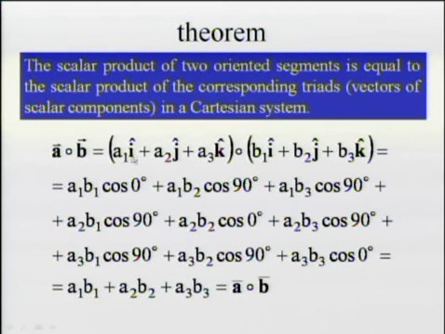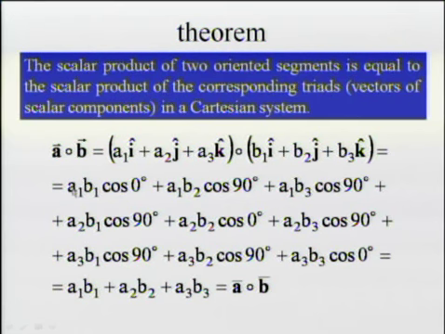Can you recognize that this entire term is the vector component of vector A in direction I? This is vector component of vector A in direction J, and this one is K. How about A1? A1 is what? Scalar component, right.